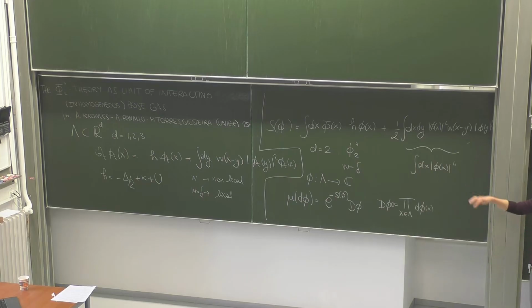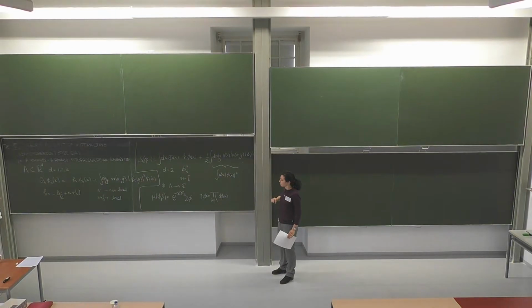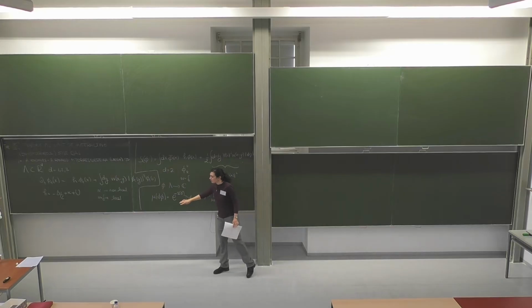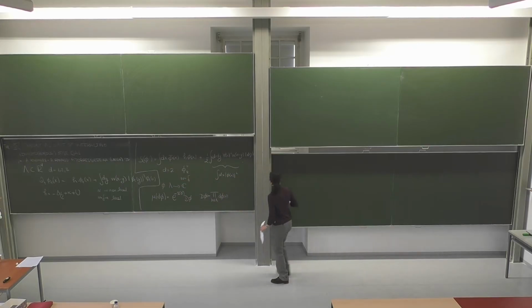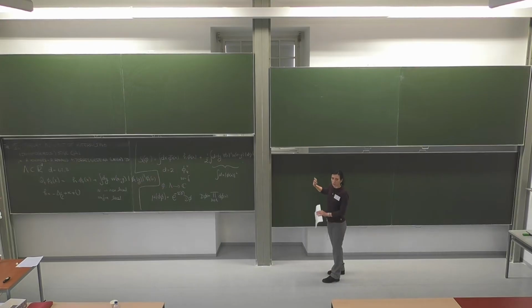This field is also of interest in other areas of mathematical physics and mathematics, like stochastic quantization, so in stochastic partial differential equations, as well as this mu being an invariant measure under the flow of the nonlinear Schrödinger equation that I wrote over there. So in PDE, there is a long history of works by Bourgain.